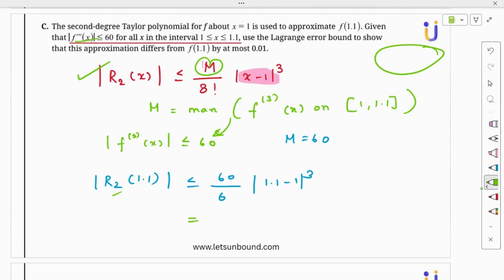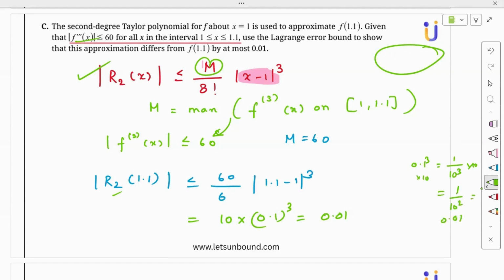So this is equal to 10 times 0.1 whole cubed, right? So 10 times 0.001, because 0.1 cube is 1 by 10 cube. So multiply by 10, you will get 1 by 10 square, which is 0.01.